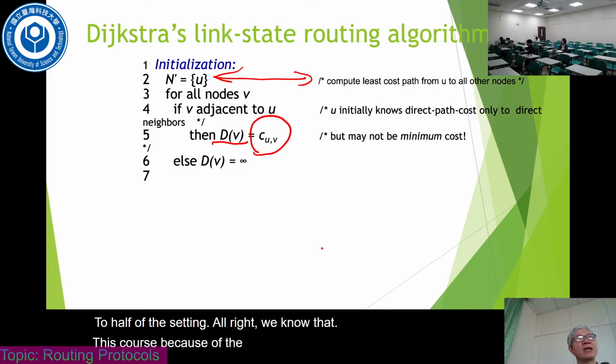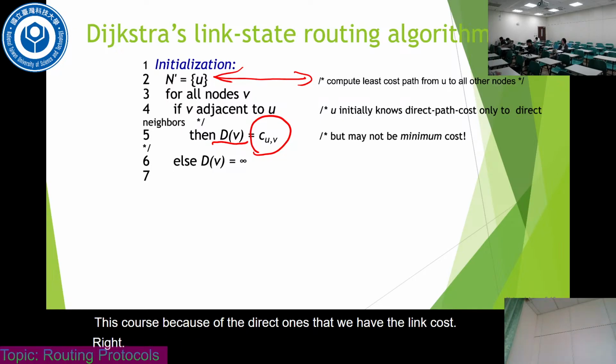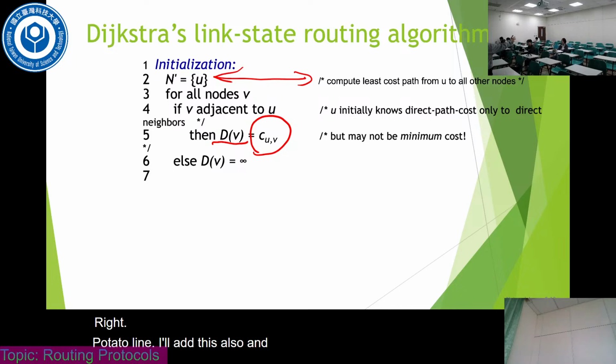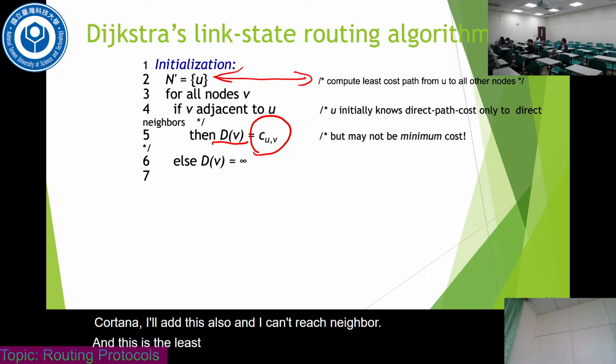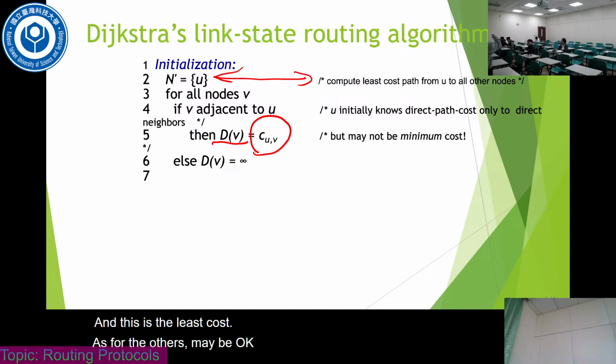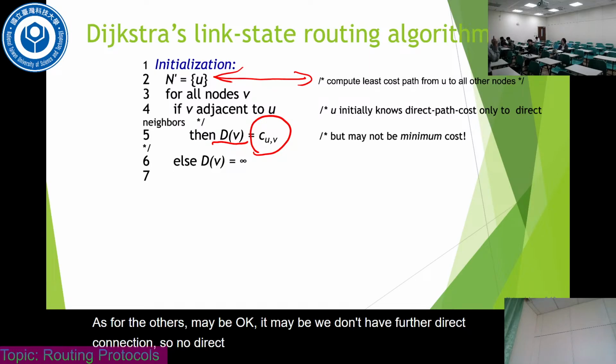For example, right now I'm the source node, and I can reach a neighbor, and this is the least cost. As for the others, maybe we don't have a direct connection, so with no direct connection, we set it to infinity initially.